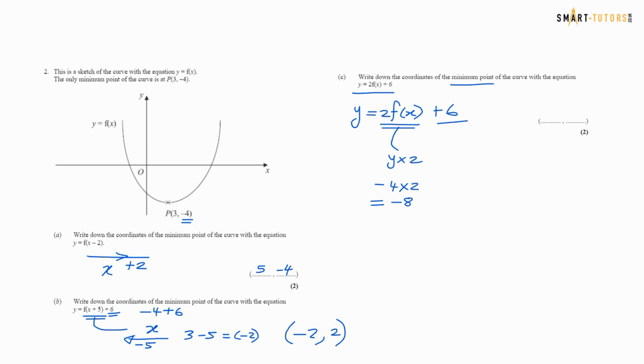Then plus 6, the y coordinate adds 6, right? So minus 8 add 6 is minus 2. So the y coordinate is minus 2. The x coordinate is not going to have any change. So the answer is 3, comma, minus 2, for question number 2, answer C.